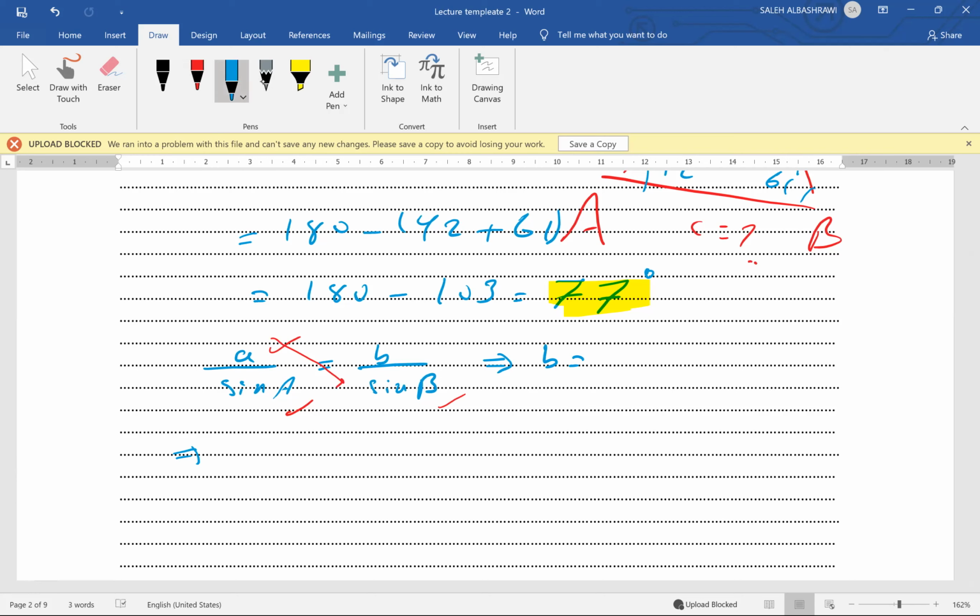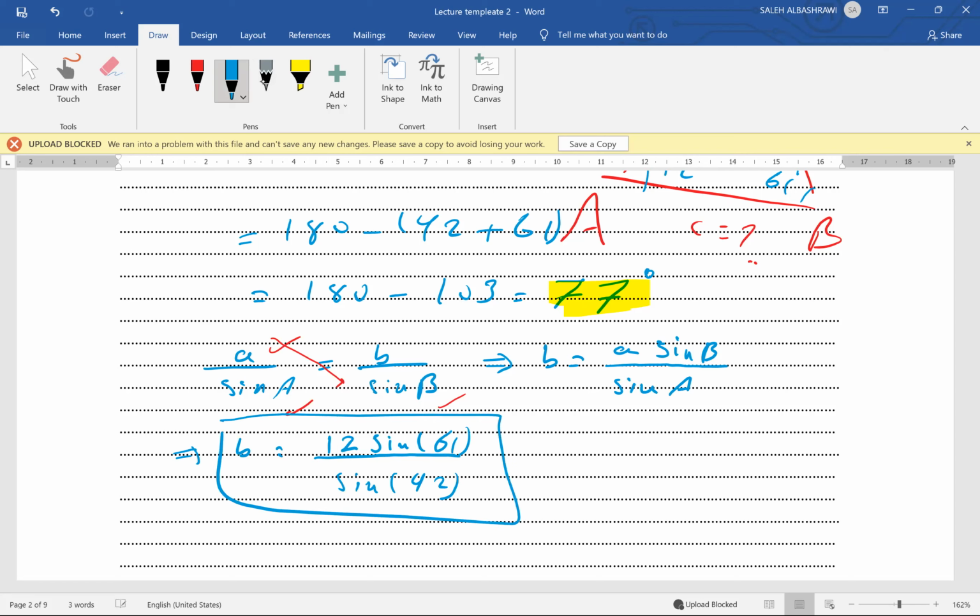I will have a sine capital B over sine A. That b can be written as a is equal to 12, small a is equal to 12, sine of B, B is given to be 61, over sine A, which is 42.